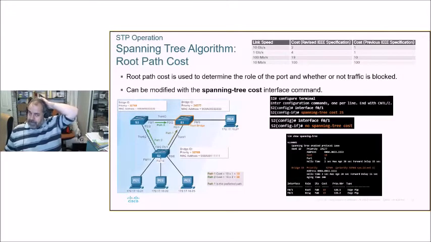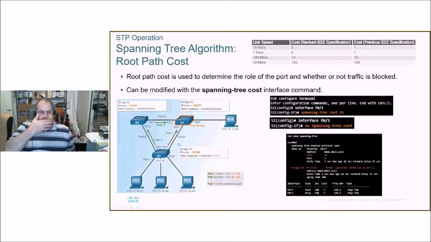Now, the root path cost is the cost used to determine the role of the port and whether or not traffic is blocked. It can be modified by the spanning-tree cost command on a per interface basis. And so from there, basically, you have a root bridge, and then of course the other bridges figure out their root port by the port with the lowest cost to get to the root bridge.